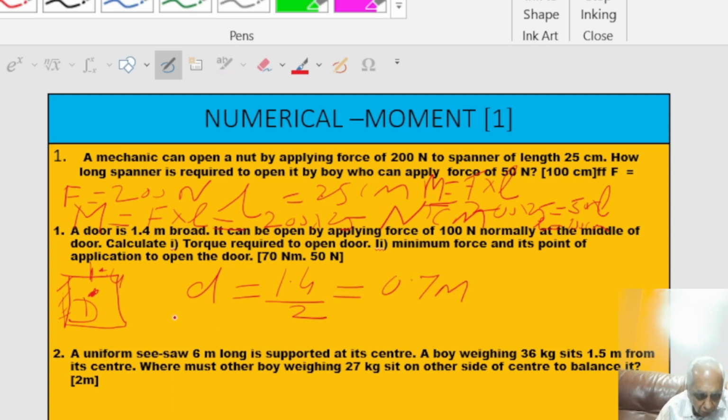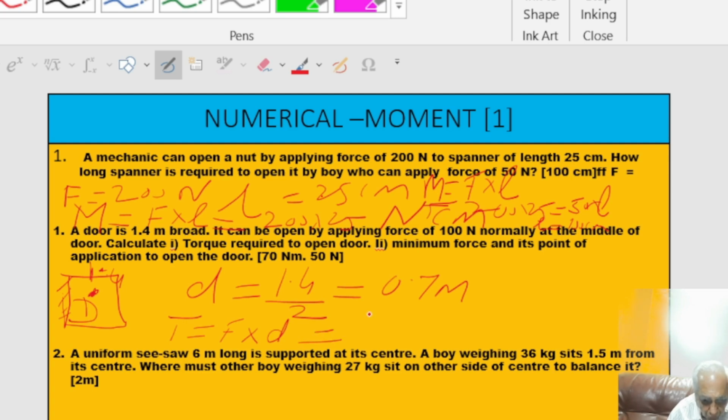The torque, or moment of force, is also known as torque. Torque is equal to F multiplied by d. The question is how much is the torque? Because I know the force and I know d, I will come to know the value of torque.